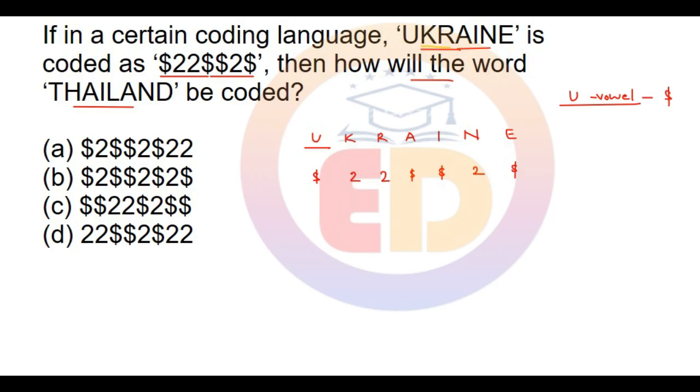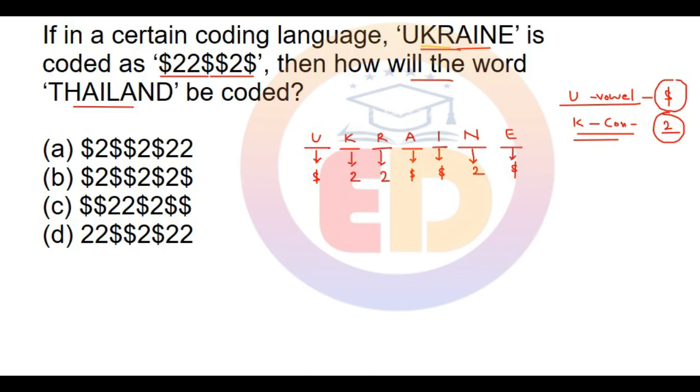Here K is a consonant and it is coded as 2. R is a consonant, coded as 2. I understand that the consonants are coded as the number 2 and the vowels are coded as the symbol $. A is coded as $, I is a vowel coded as $, N is a consonant coded as 2, E is a vowel coded as $.